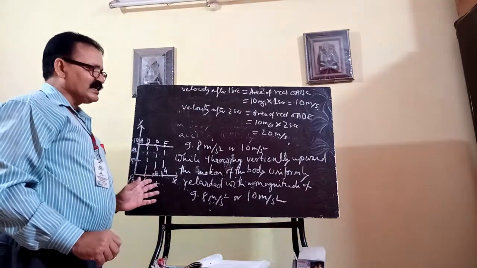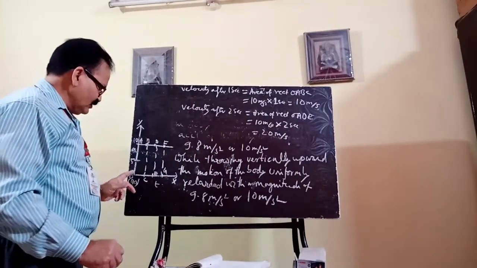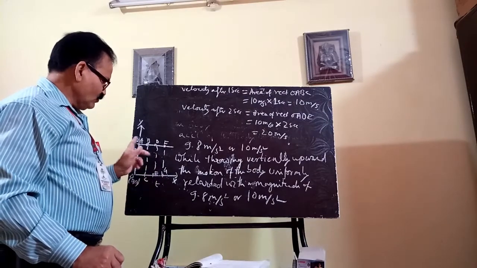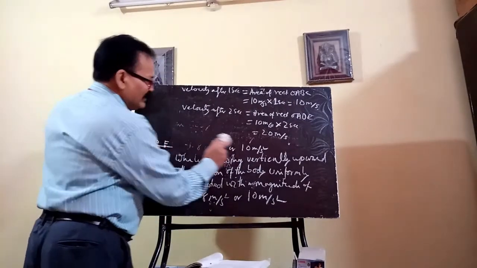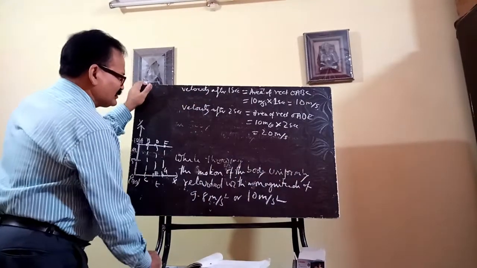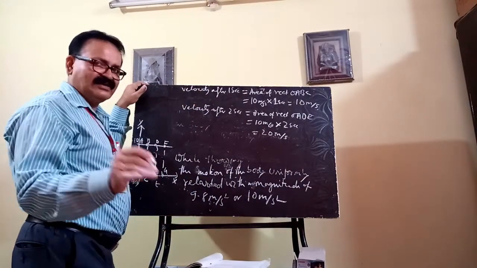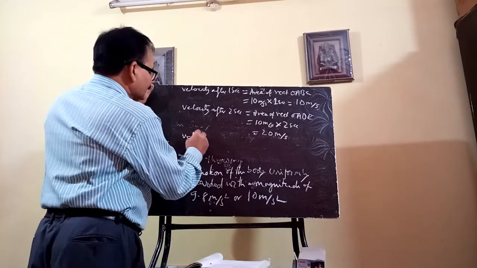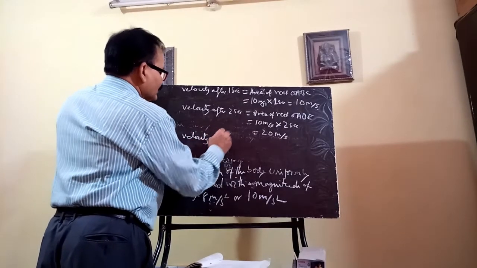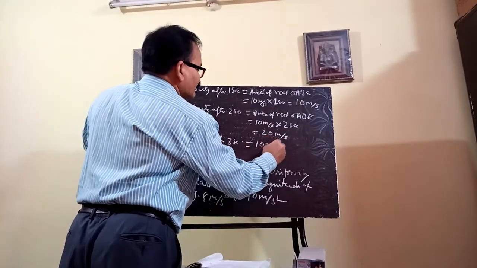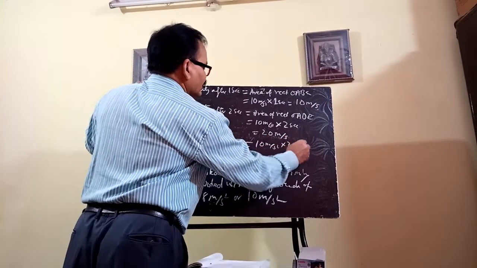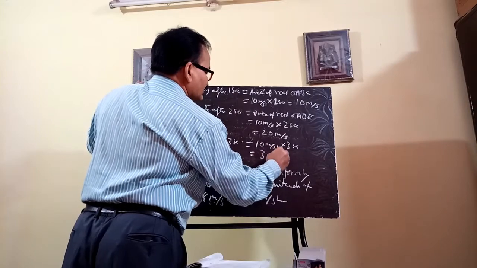Similarly, after 3 seconds, area of rectangle OAEG, the velocity after 3 seconds is 10 meter per second square into 3 seconds, which is 30 meter per second.